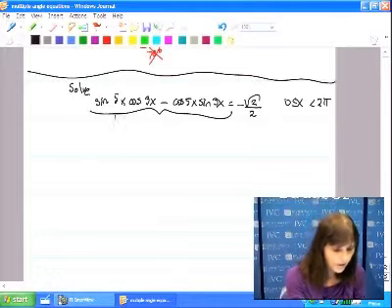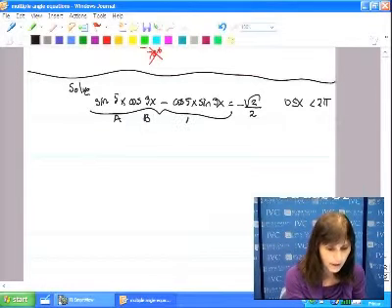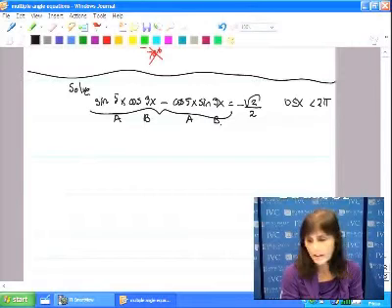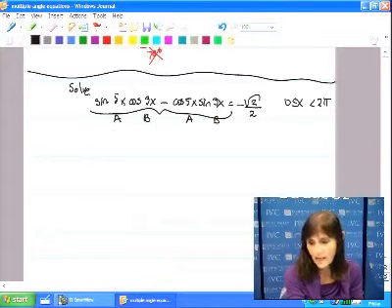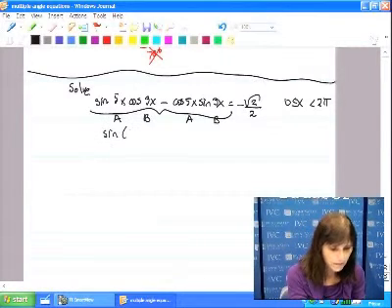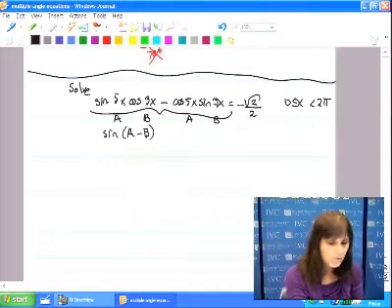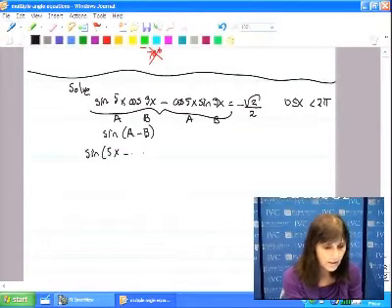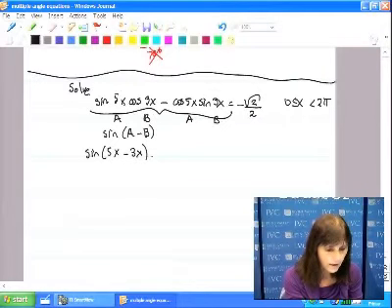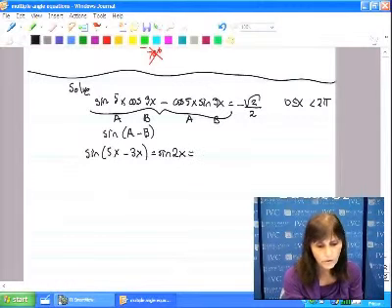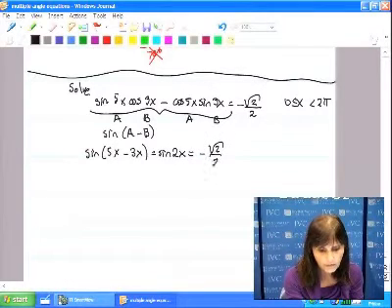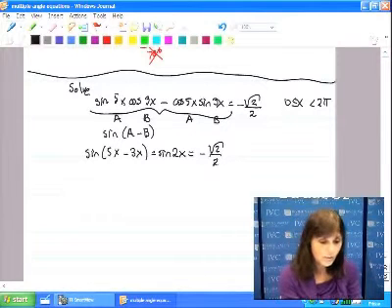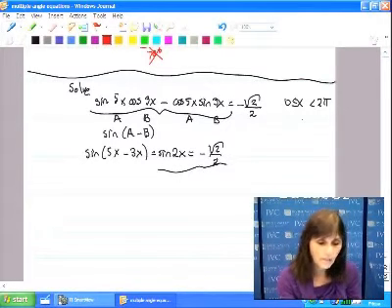If this is my A, this is my B, this is my A, this is my B, this is the formula for sine of A minus B. So A is 5, B is 3. So that's sine of 2x, and I want that to be negative rad 2 over 2. Very good. This is way better than what I started with.